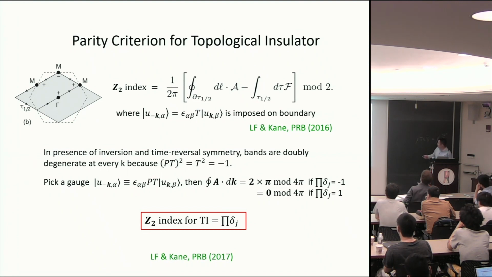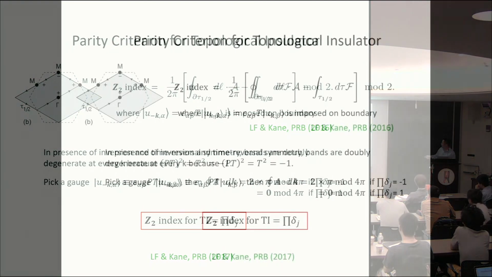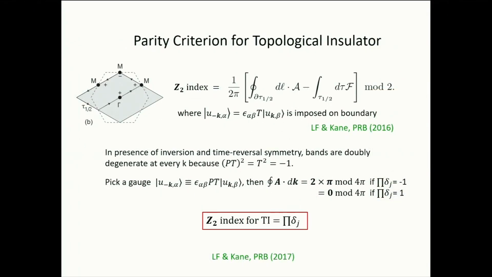Now, in the presence of the inversion and time-reversal symmetry, the bands are doubly degenerate at every momentum k, and that's because now this PT operator is anti-unitary, but it squares to -1. It's because time-reversal squares to -1 for spin-full electrons. And again, one can now pick a gauge. Just like this morning, we picked a gauge where states are related by the PT symmetry.